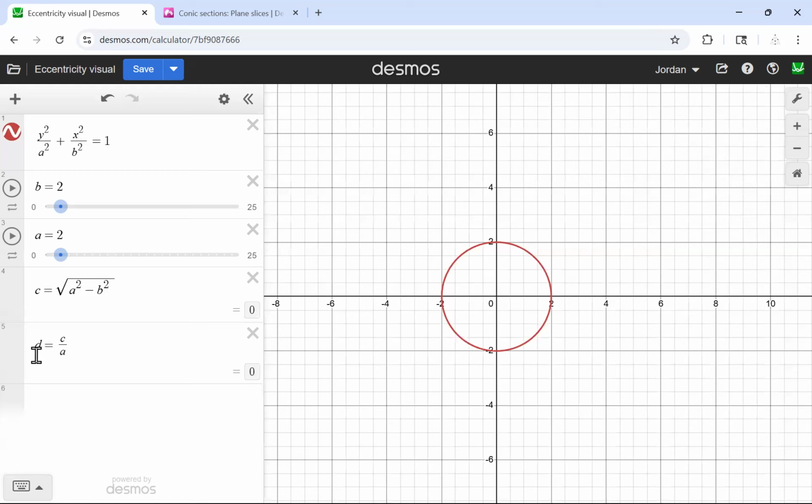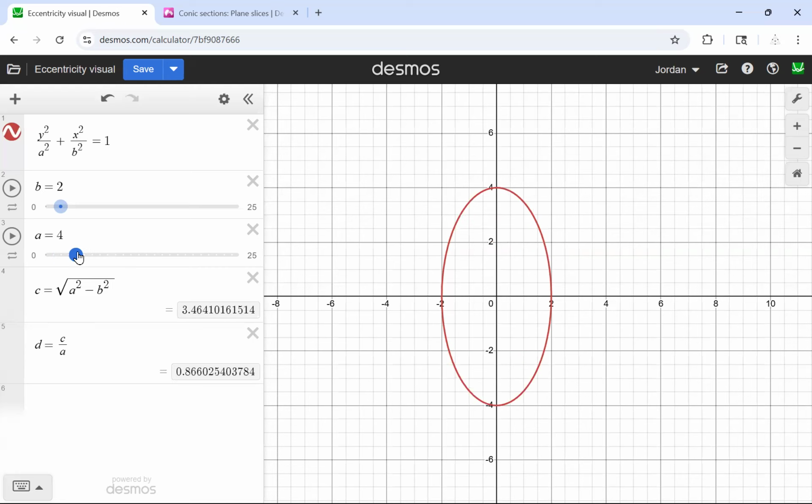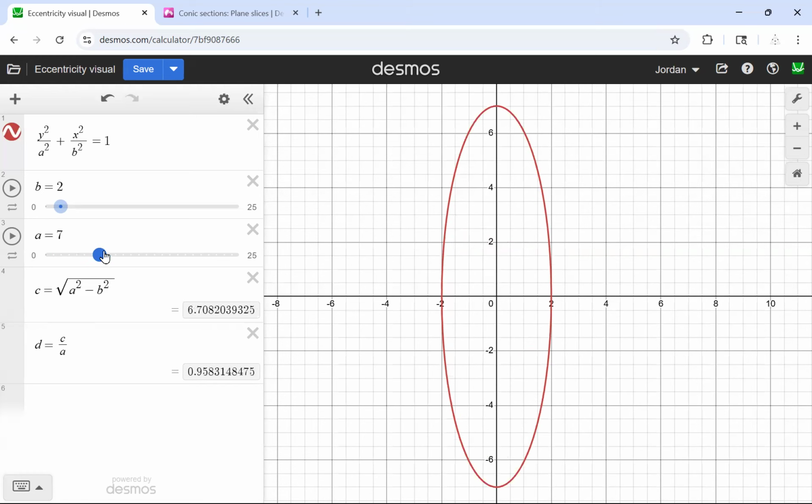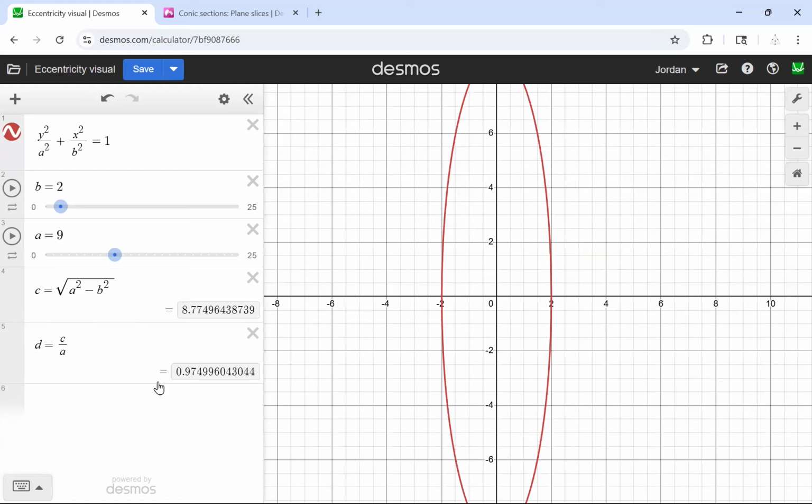Okay, I couldn't use E for eccentricity, but I could use D. So D equals C over A. Eccentricity is 0. And then as I start increasing the value for A, as that circle, or the ellipse, gets more and more stretched out, you can see that the eccentricity is getting closer and closer to 1.